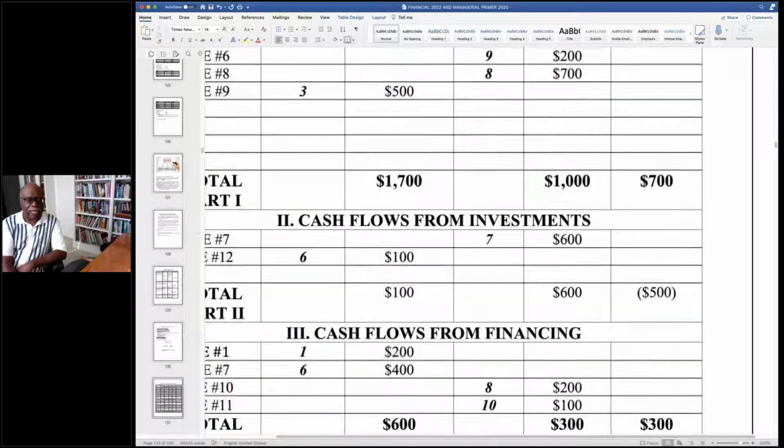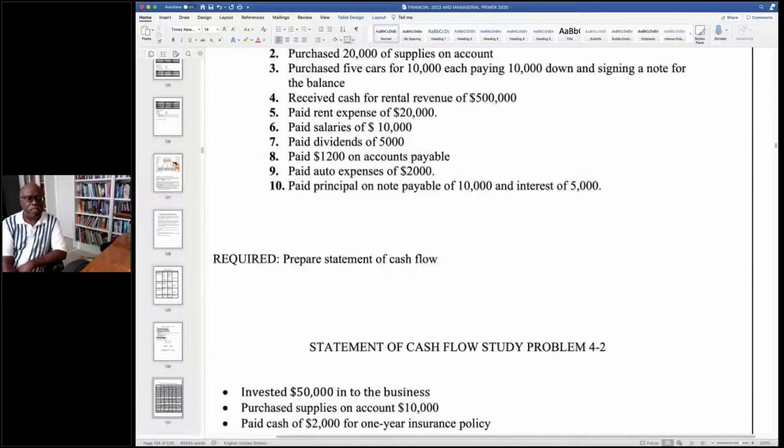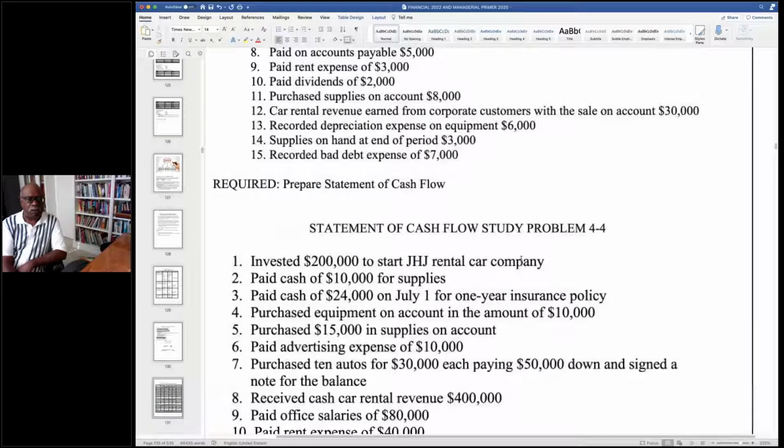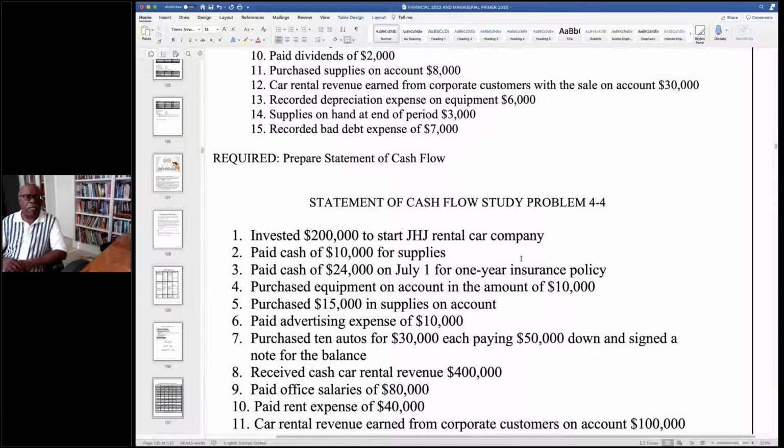Now, if I gave this to you without a template, just gave you some transactions and told you to do a statement of cash flow, then that'd be another problem. All you got to do is go through here, do your strikes, put your things the way they're supposed to be, and you got a statement of cash flow. Okay?